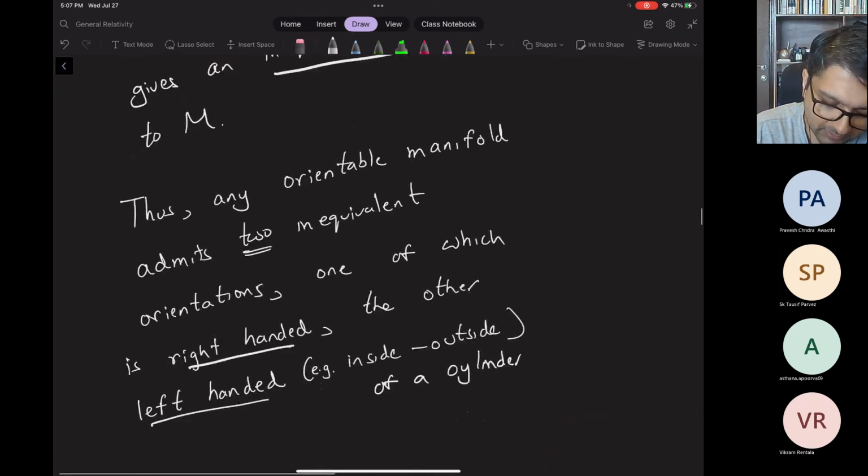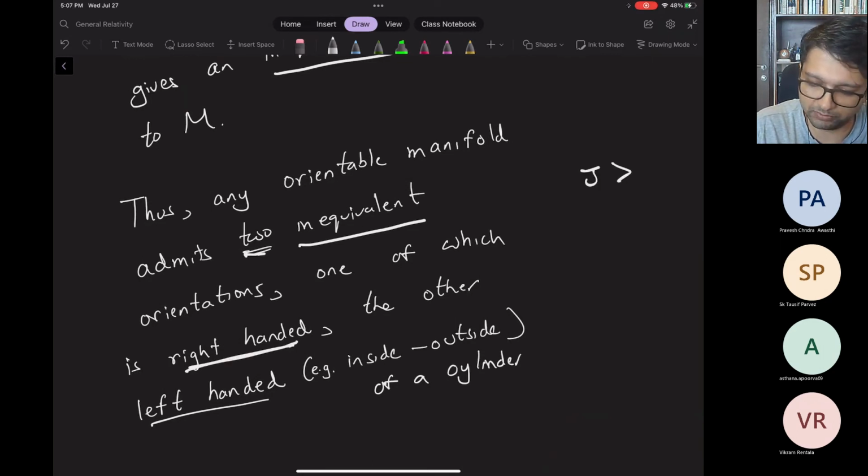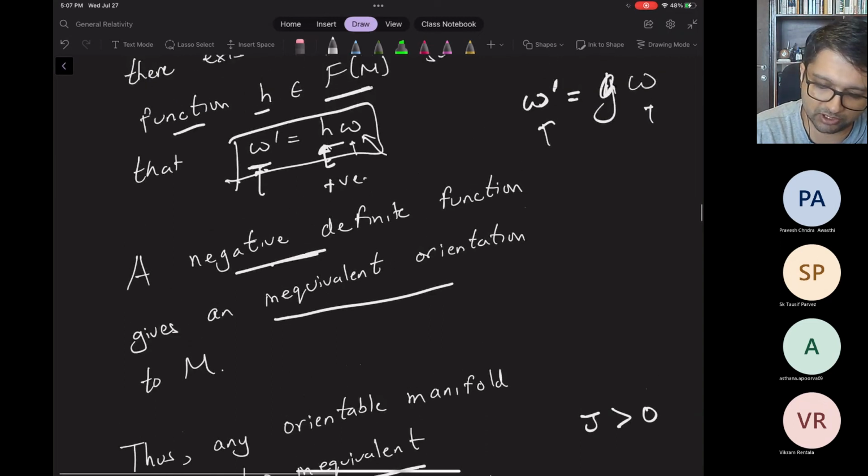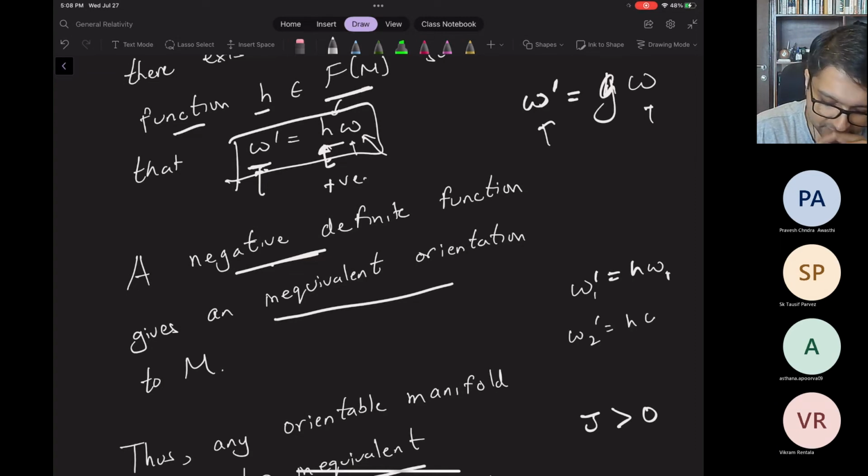So for any orientable manifold, there are only two possibilities of inequivalent orientations. There are the right-handed ones, for which this function h, which relates everything within the same class, will be positive. And there's another class, and things in the second class are related by other positive functions to each other. But for things between different classes, if I take an omega 1 from the first class and omega 2 from the second class, these are related by a negative definite function.